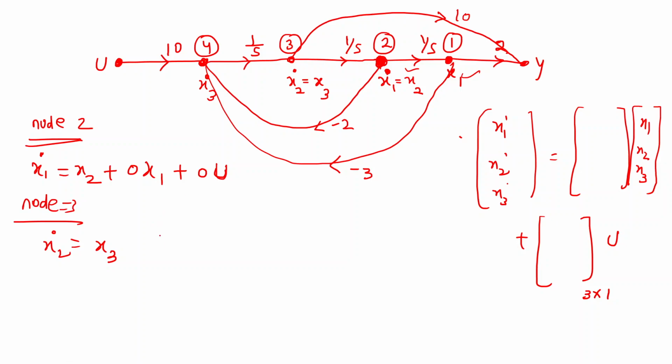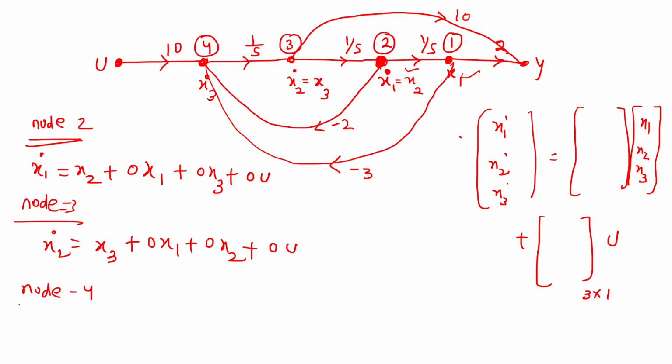So you can write the coefficient of x3 as 1, and the rest 0 x1, 0 x2. And here also there is no input, so 0 u.